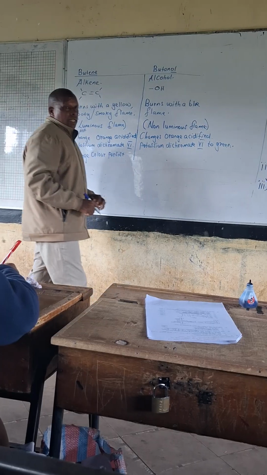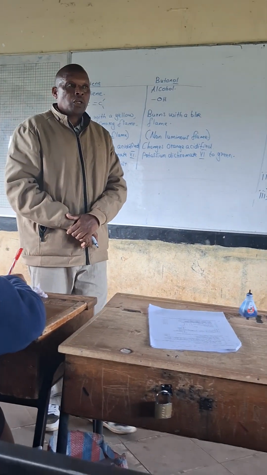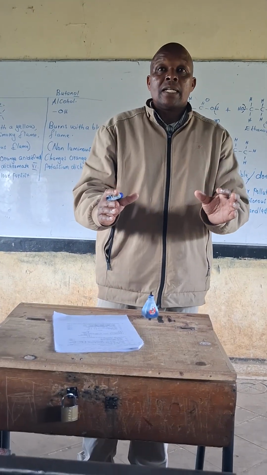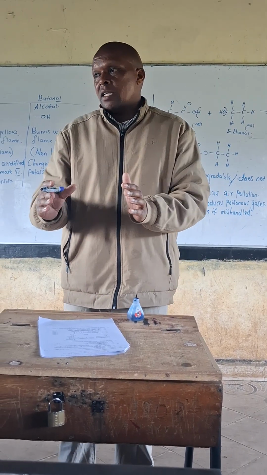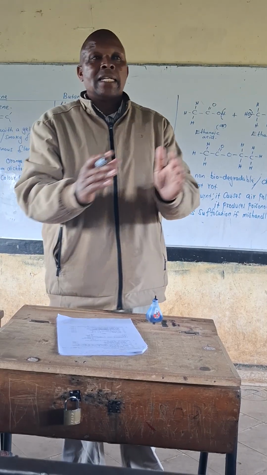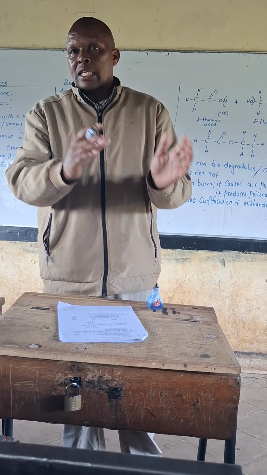So how will you write about that test? You say: put the two substances in two separate test tubes. Then add orange acidified potassium dichromate(VI) to each of the solutions separately.